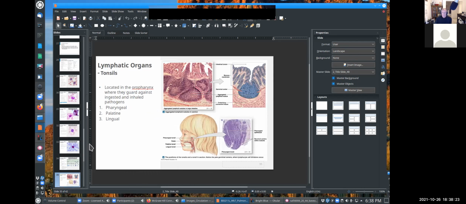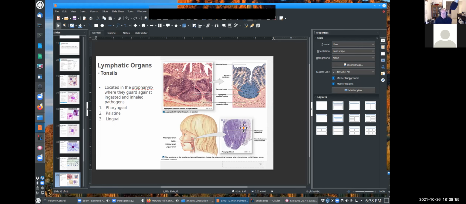All right. So lymphatic organs. This is showing different tonsils. When you're looking at a tonsil, just look for these collections of germinal centers. These dark and light colored places.